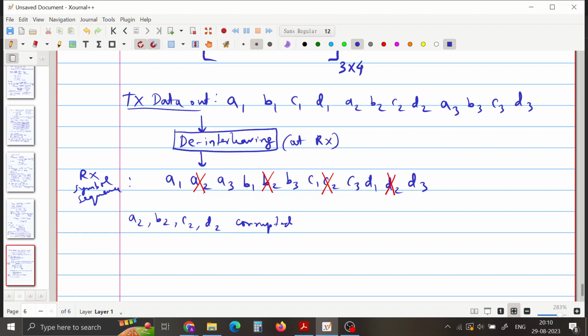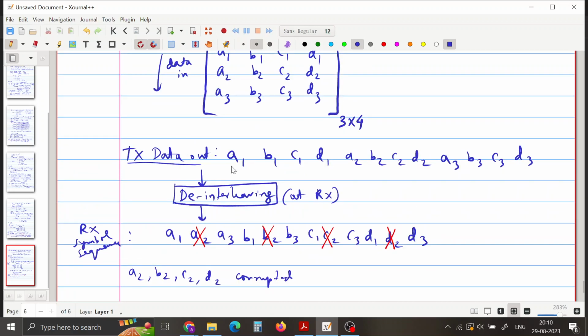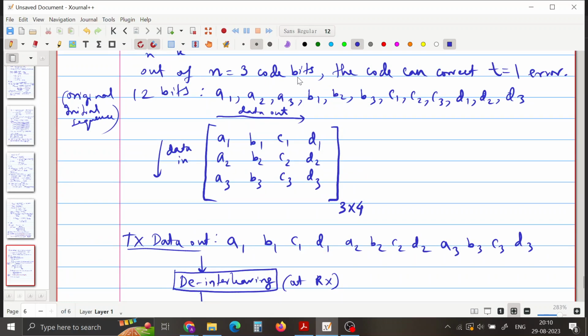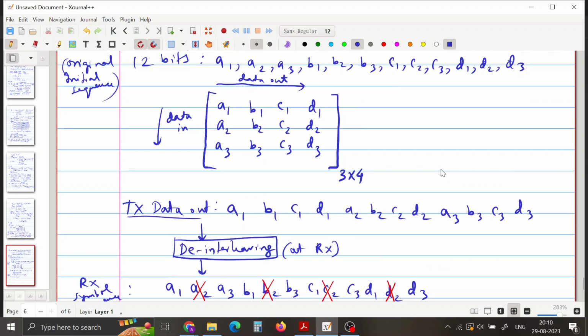So what does it mean? Between A2 and B2, how many symbols are there? A3, B1. So after every 3 bits you see one error, and that is fine with me, right? For the 3,1 code, out of 3 bits the code can correct one error.